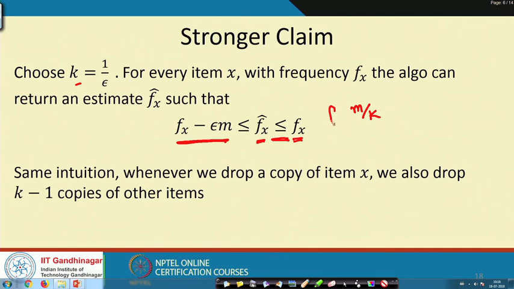Therefore f hat x must satisfy that f hat x is greater than or equal to f x minus m by k, which is equal to f x minus epsilon times m. Again using exactly the same charging argument as before.